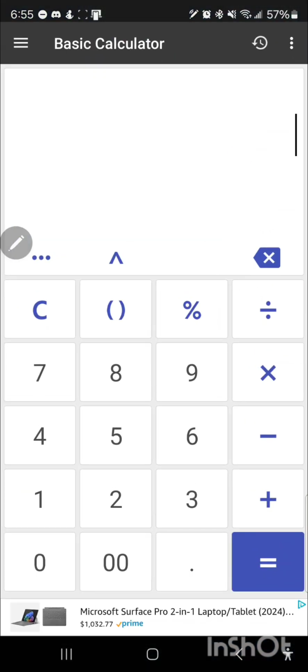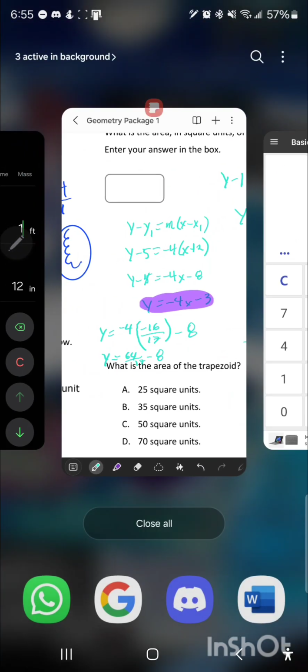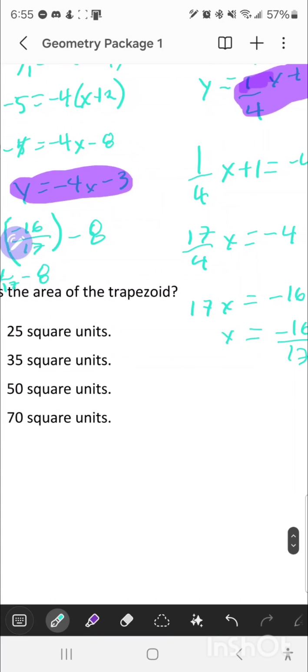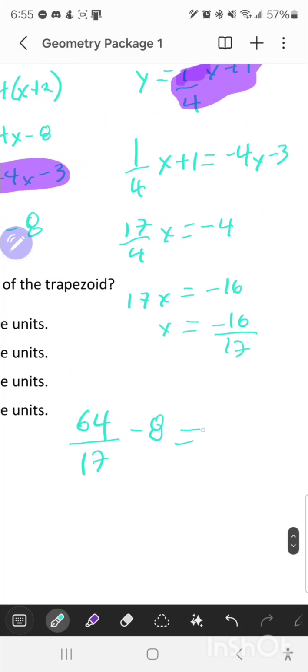Sorry, I need to use my calculator right now. So 64 over 17 minus 8: 17 divided by 17 is 1, 1 times 64 is 64, minus, we keep the sign.